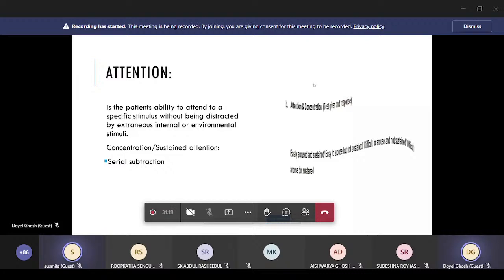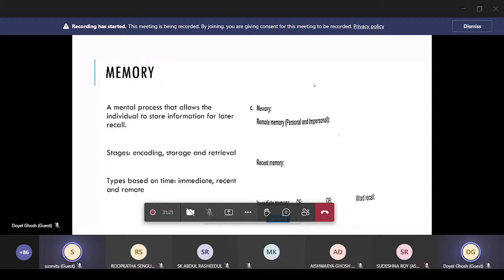After attention, we assess memory. What is memory? What do we see in memory? That if the person is able to store the information for later recall. You all know that there are different stages of memory, that is encoding, storage, and retrieval.